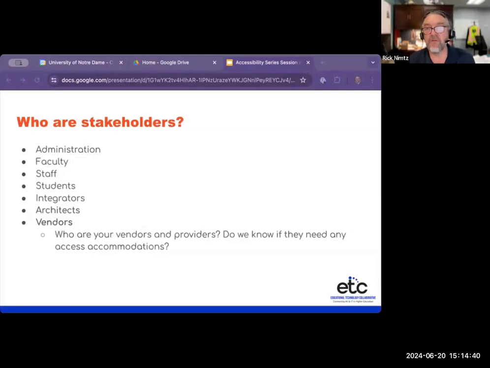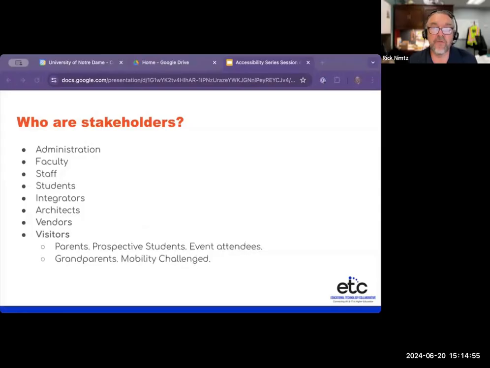Then we have vendors and service providers, people that we actually hire to come in and do things, and they may need to have some type of accommodation themselves. Then we have our visitors, people who come to see students.